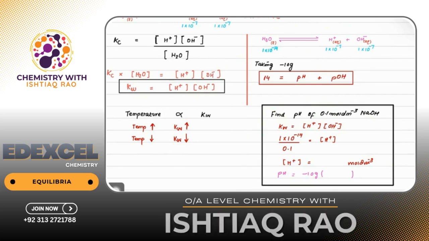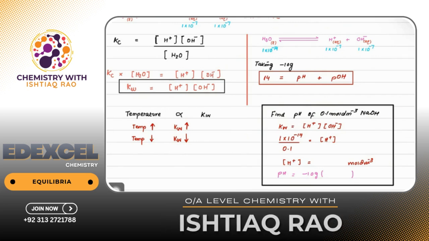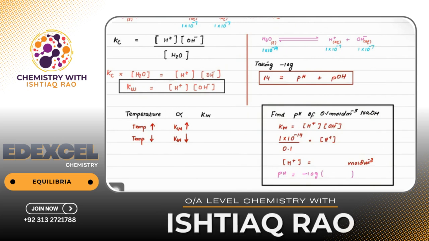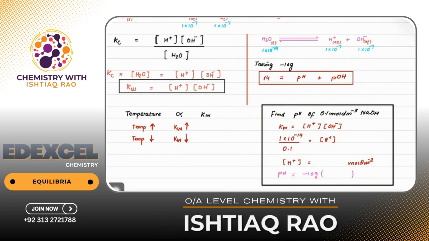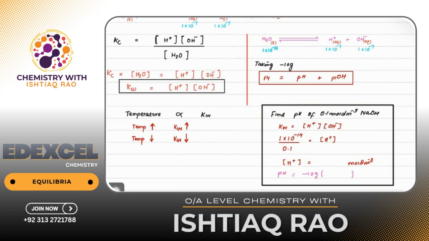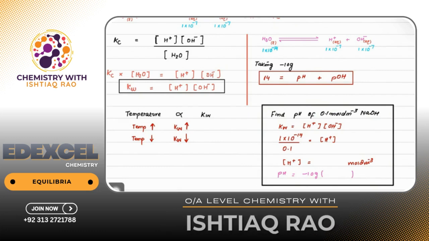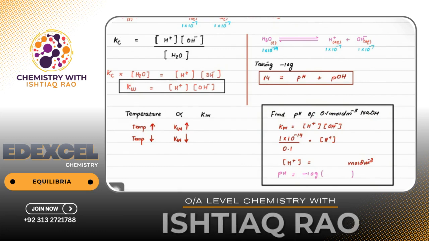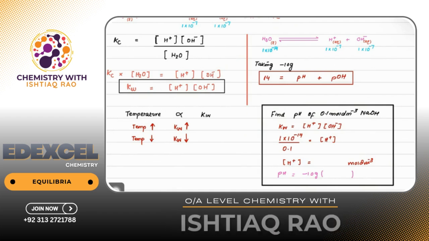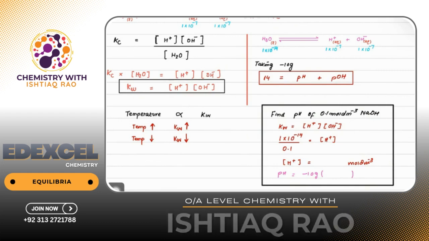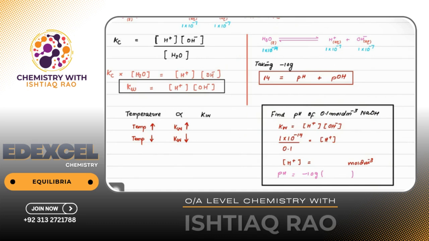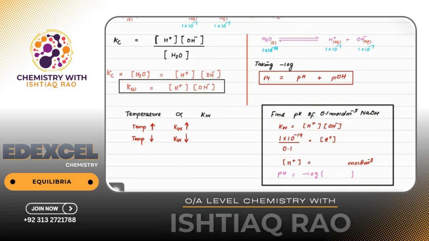Are you getting my point, what I'm saying? So you have to know at that time what you are doing and what you are supposed to do, whether the concentration of acid is given and whether the concentration of base is given. So it's important, right?